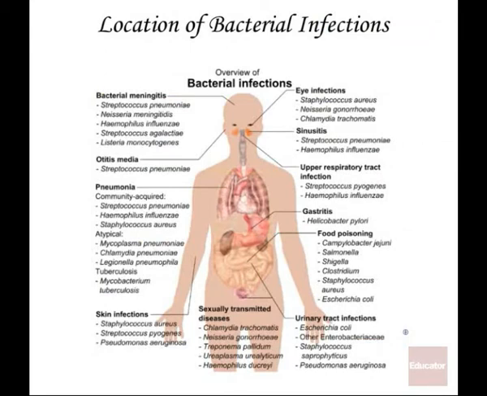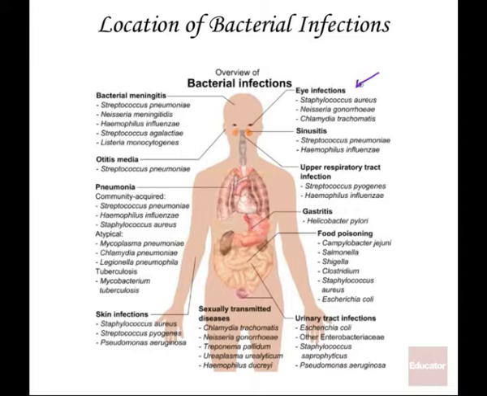So in terms of the location of infections, we have obviously many ways for the bacteria to enter the body, and then also we have many places in the body for bacteria to grow and multiply. So bacteria can infect the brain, or the covering of the brain, so to speak. We can have infections in the ears.